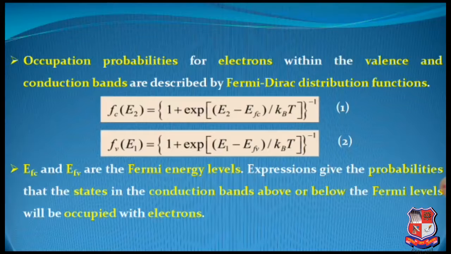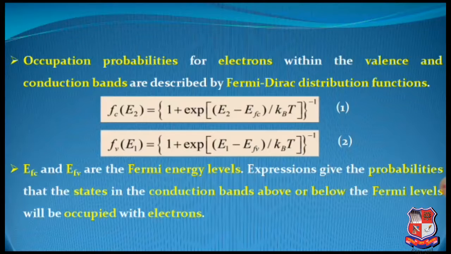Hence the occupation probabilities for electrons which were earlier in the valence band and which further travel to the conduction band are described by the very well known Fermi-Dirac distribution function.